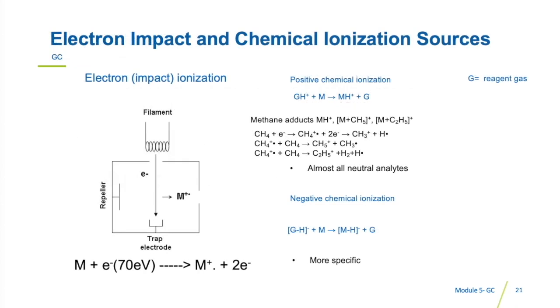The typical sources used for mass spectrometry following GC separation are electron impact and chemical ionization. Electron ionization, formerly known as electron impact ionization, is a hard ionization technique. A metal filament is heated, which produces highly energetic electrons. These electrons meet the analytes from the GC in a chamber filled with a gas, usually methane, that slows down the highly energetic electrons.